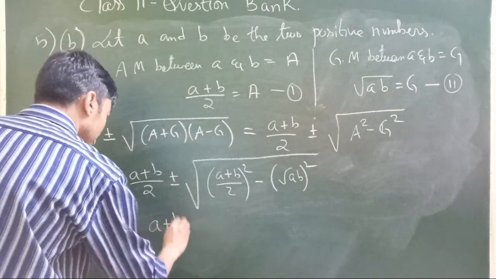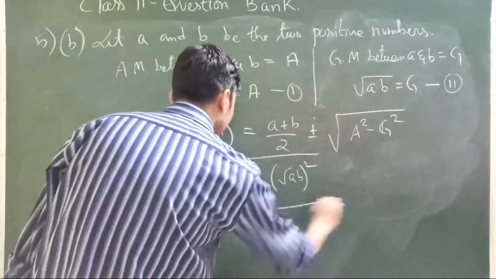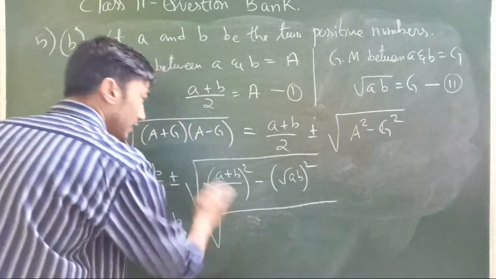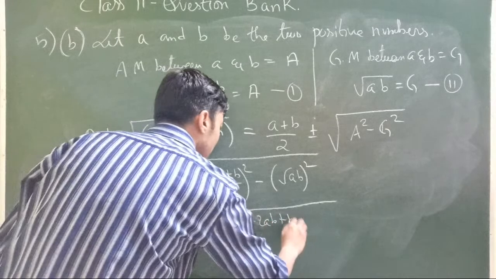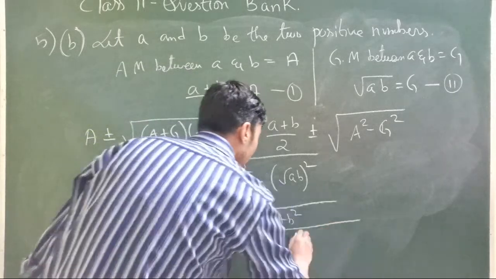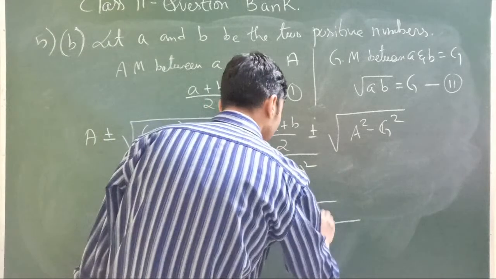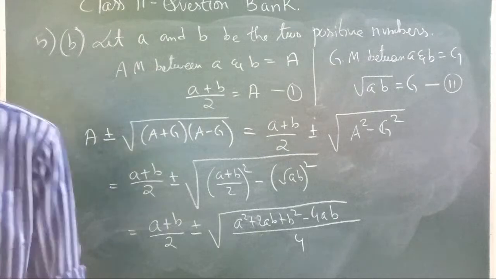So that's (a+b)/2 plus or minus the root of (a+b) whole square, I'll just expand directly now, that's a square plus 2ab plus b square, all divided by 4 as the common LCM, minus 4ab. I guess that is understood.